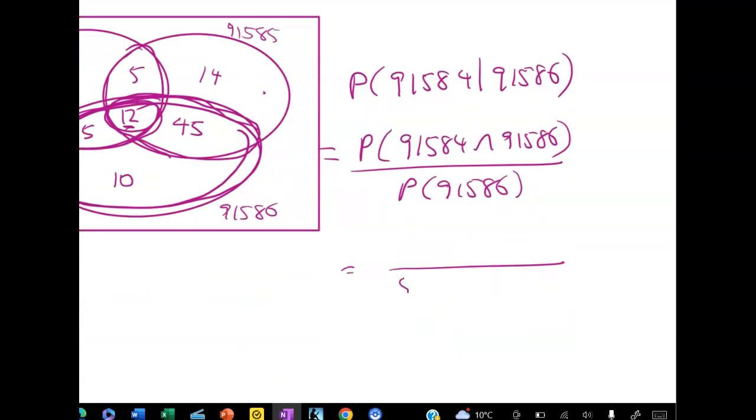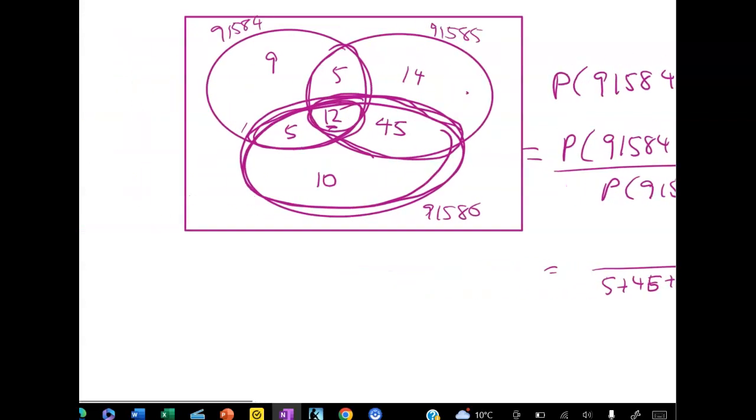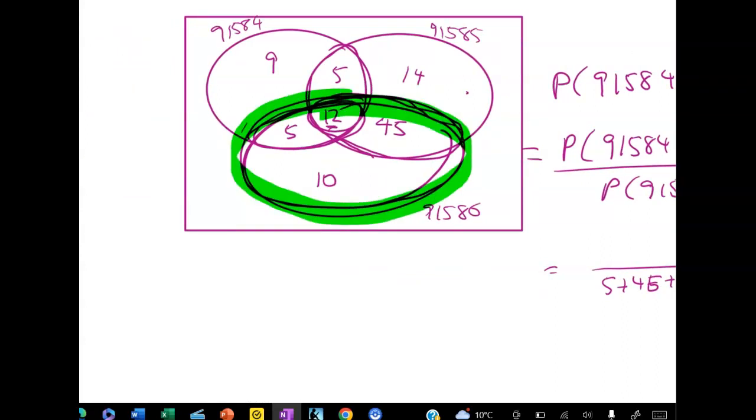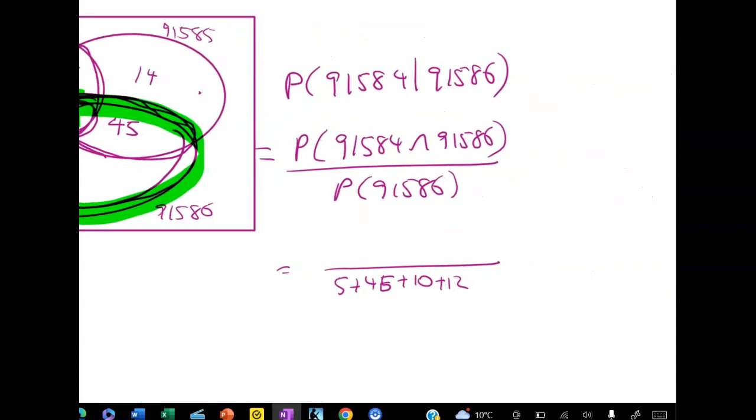The denominator has 5 plus 45 plus 10 plus 12, because the 91586 circle is this one here. And then the numerator is just those who were doing 91584, so it's the 5 plus the 12. That gives me 17 out of 72, which is 0.2361.